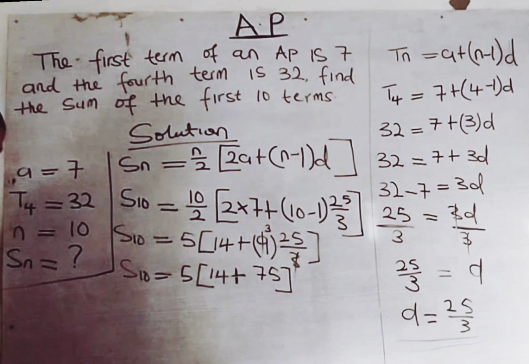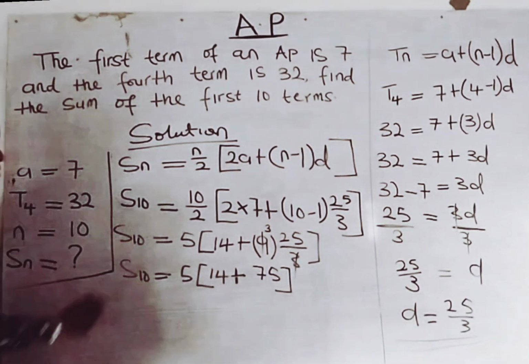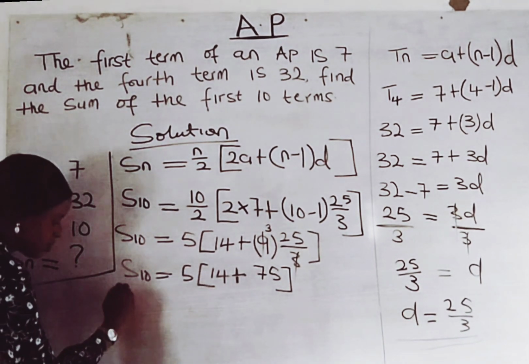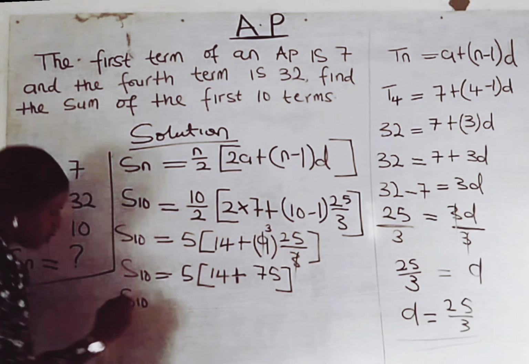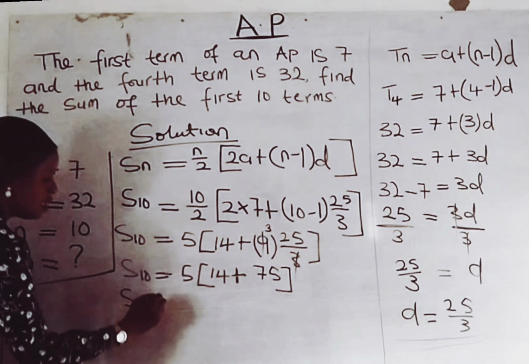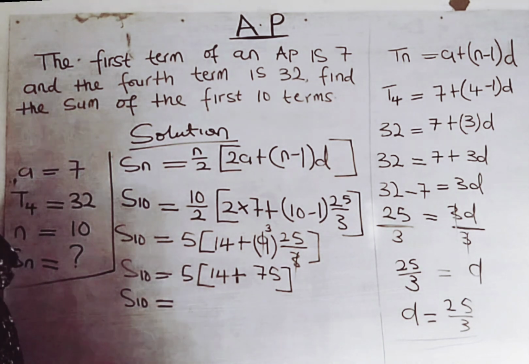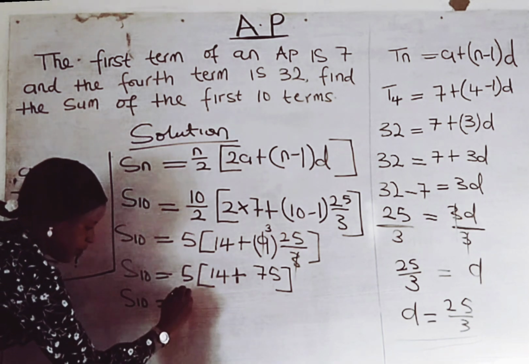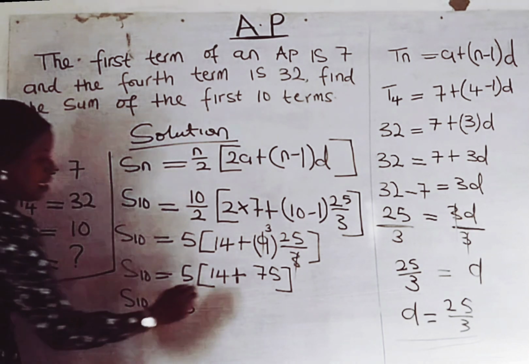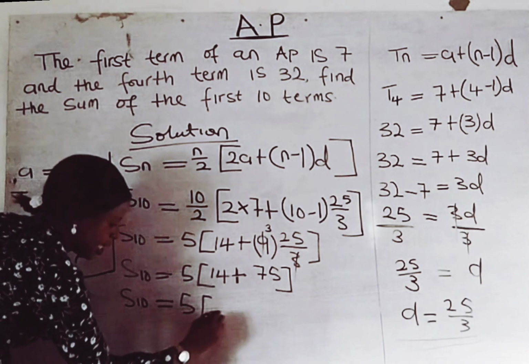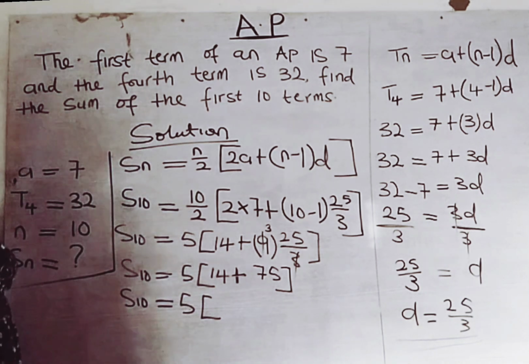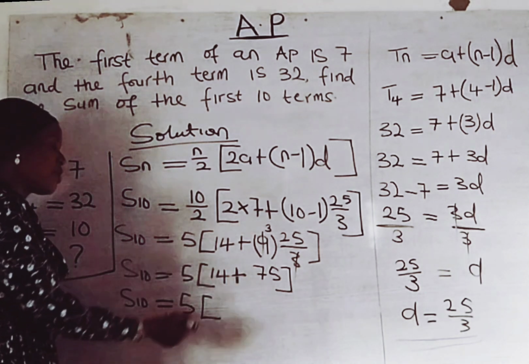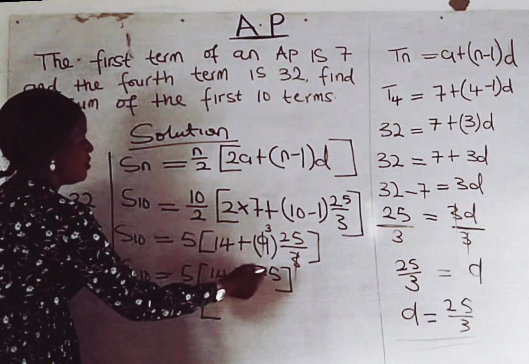And I continue like this. We are rounding off now. Carry down the S10. That's what you are solving for. S10 is equals to, I still carry down my 5. Not yet time to use it. Open the bracket, and I will say 14 plus 75.